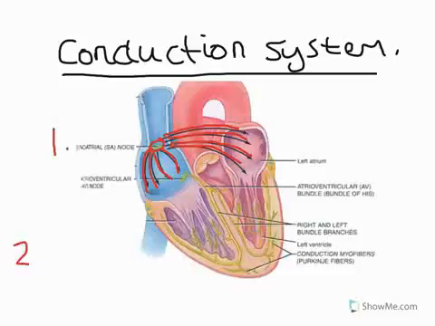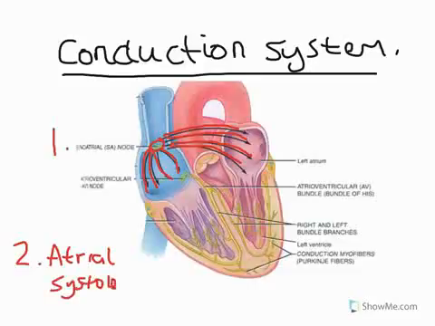So number 2 is what we call atrial systole. You can say contraction, but try to use the term systole if you can. So the sinoatrial node emits its impulse and it triggers atrial systole or contraction, which of course forces the blood down out of the atria into the ventricles.